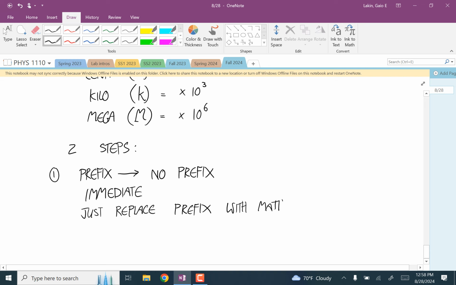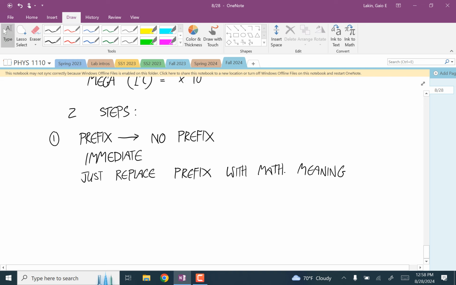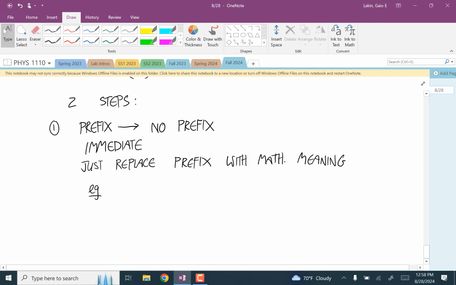So just replace the prefix with the mathematical meaning. For example, let's say we wanted to go from 50 kilometers to expressing that in meters.